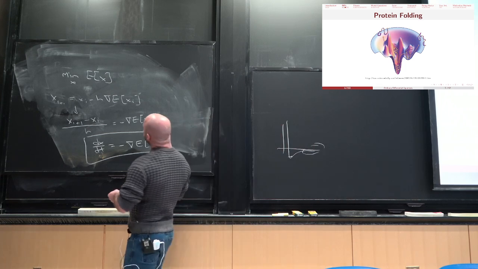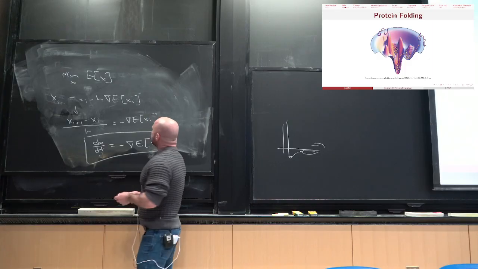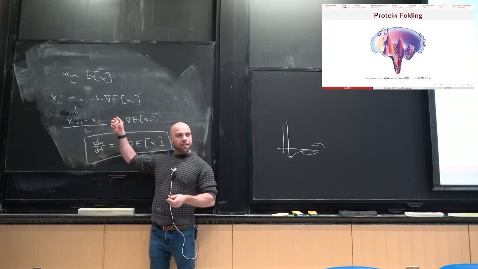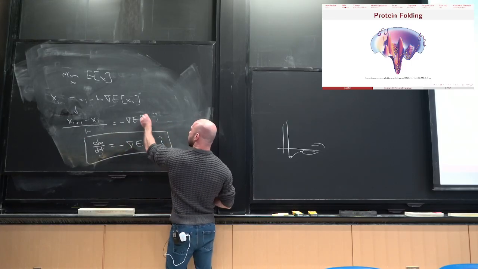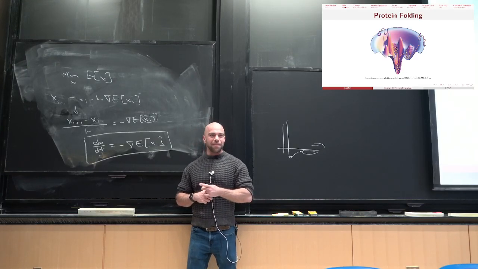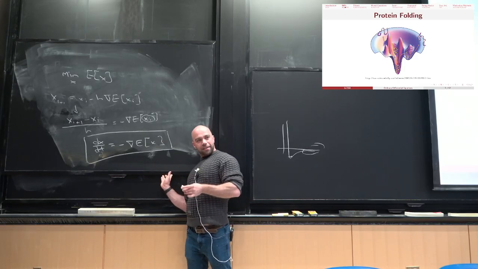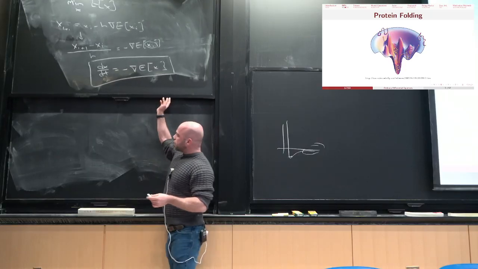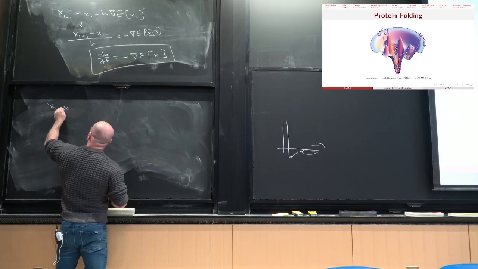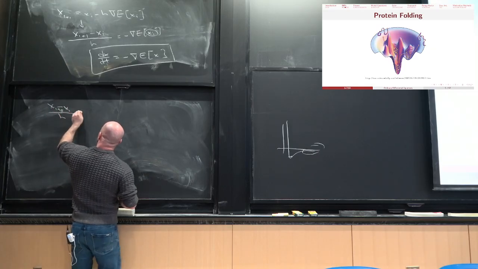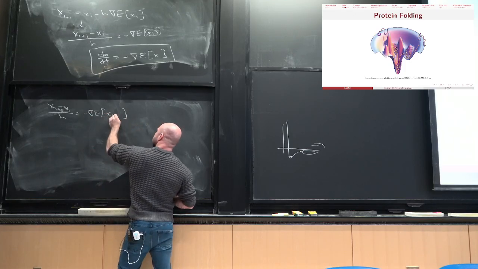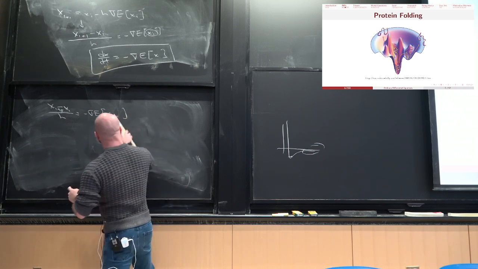So for example, if I think of this as a discretization of this differential equation, there's a reasonable question, which is why do I evaluate grad E at time i and not i plus 1? We're going to talk about this more at the end of today's lecture, but we could define a different ODE integrator, which does the following: (x_{i+1} minus x_i) over h equals minus grad E at x_{i+1}. That's an i plus 1, yikes.